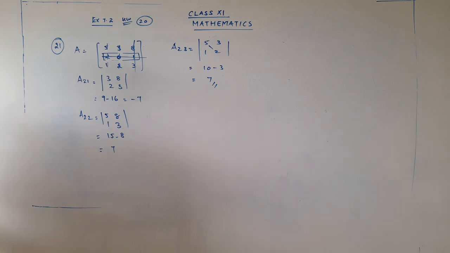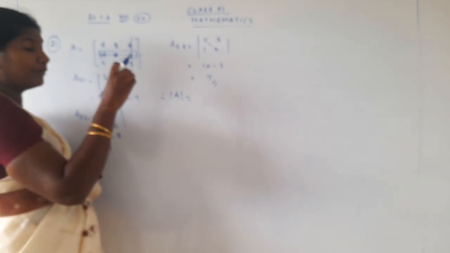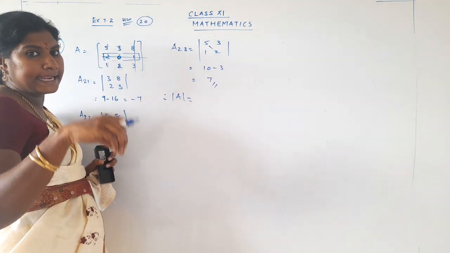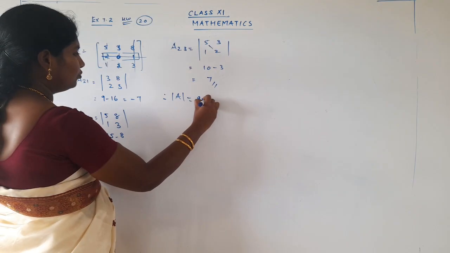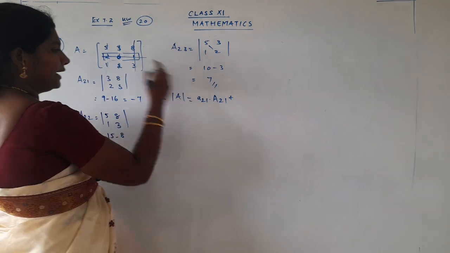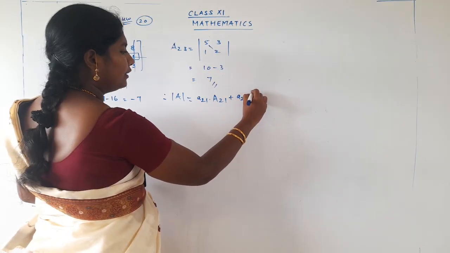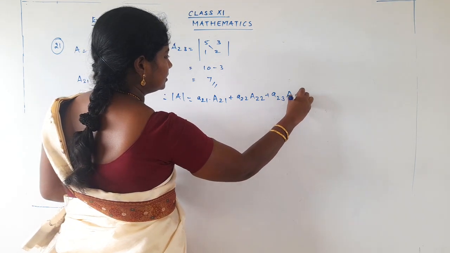Okay, completed children. Now let's see how to proceed further. So now you write down here, therefore, determinant of A. This is the formula, okay, for determinant. So you are talking about the second row, so we are going to only take the second row elements. This will be a21 into A21 plus a22 A22 plus a23 A23.